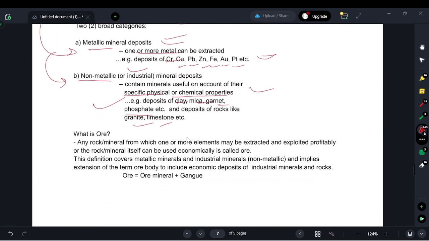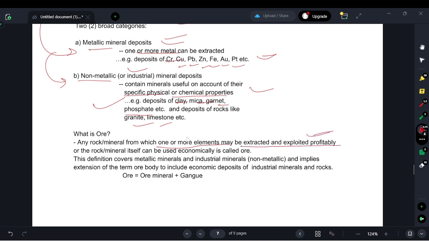Okay, similarly there is one more definition of the ore. It is any rock or mineral. You can use the first definition, you can also use this one. Both are almost the same, but I'm writing it again to make it more understandable. So any rock or mineral from which one or more elements can be extracted and exploited profitably.